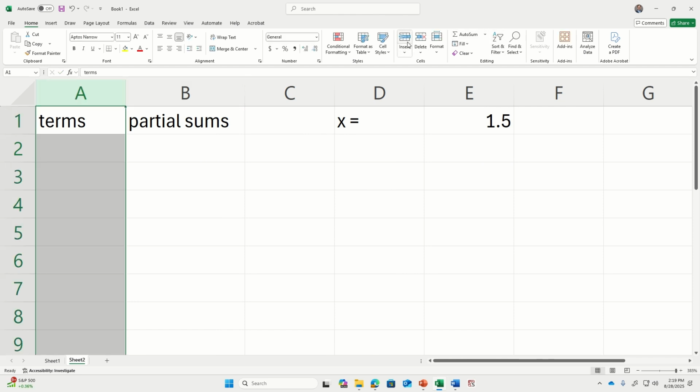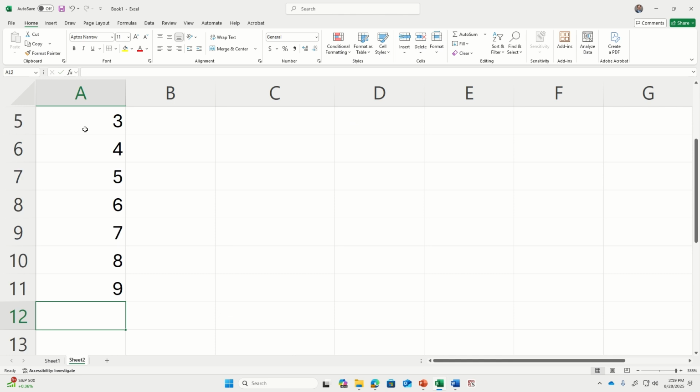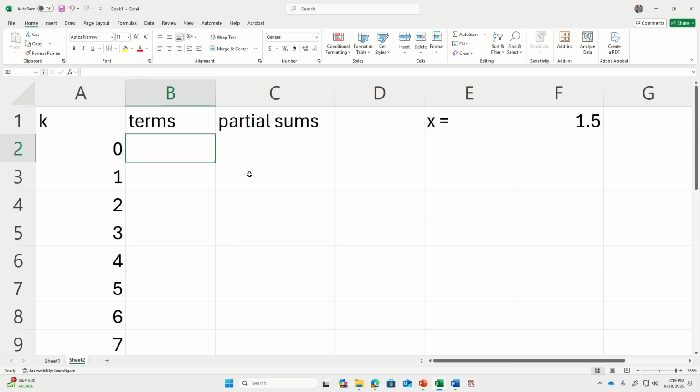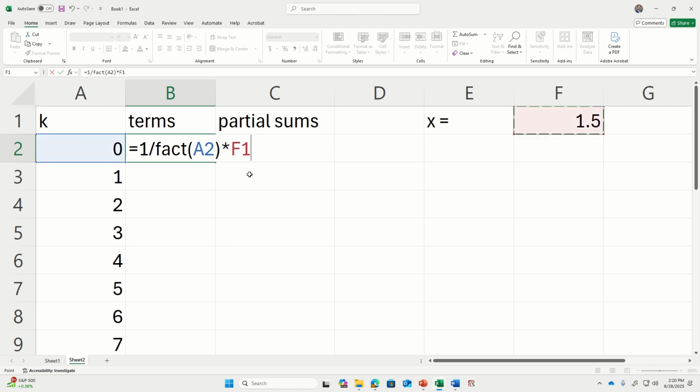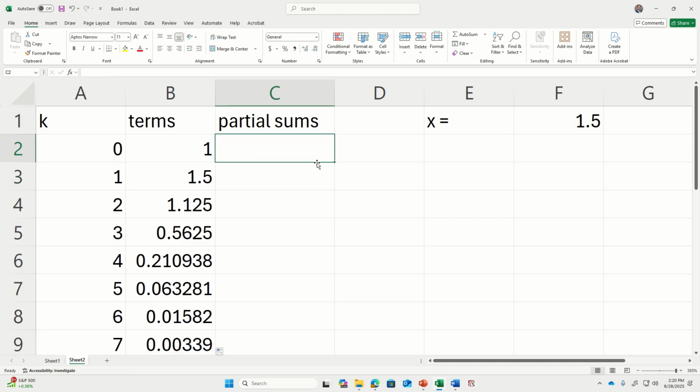So maybe I need another column for my k's. And each term is going to look like 1 divided by k factorial times x raised to the power of k. And the partial sum is going to be the partial sum before it plus the new term.